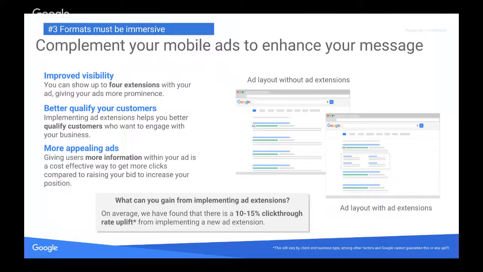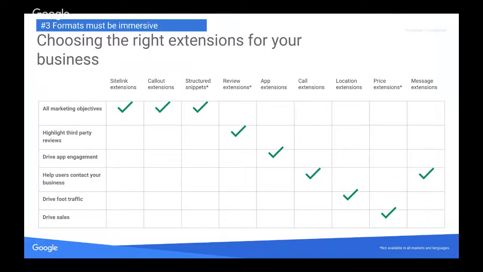So do use the extensions if you are advertising on Google search. As you can see, there's a wide offering of ad extensions for every marketing objective. You should be implementing at least these two, site links and callout extensions.